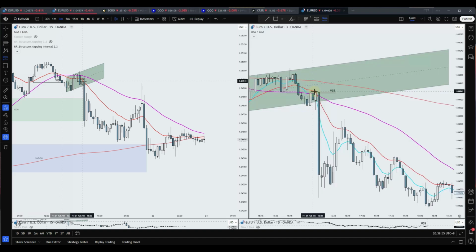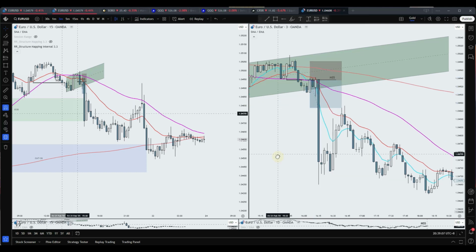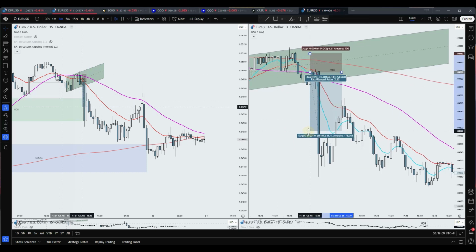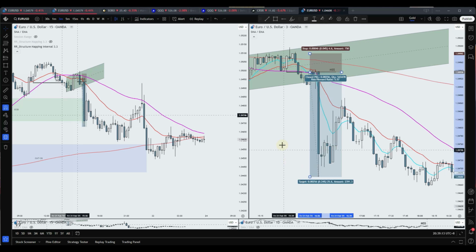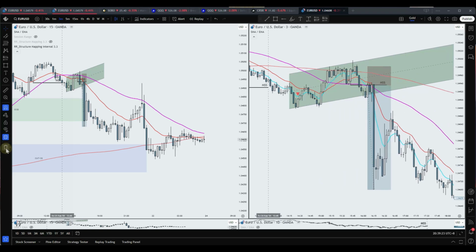Okay, but let's say you sell here and now your stop loss is, let's say, above this one, and it's a 5.5 hour trade. Did you see that? And based on the moving averages, let's talk about the moving averages.